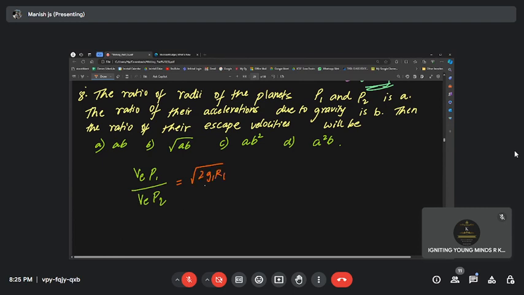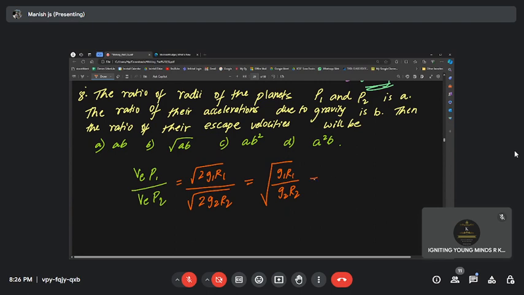Let me take g1 as the acceleration due to gravity of the first planet, and r1 is the radius of the corresponding first planet. So under root 2 g1 r1 upon under root 2 g2 r2. Further, you can see that this can be simplified, and we can write it as the whole under root g1 times r1 upon g2 times r2, isn't it? So we can keep it like this.